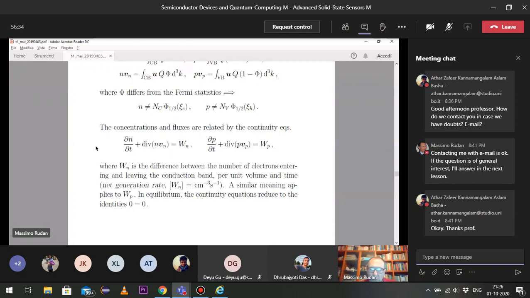Okay, of course, we assume that the net generation rates Wn and Wp in themselves are not unknown. So we assume that we are able to express Wn and Wp using the existing unknowns. Okay, so Wn and Wp should not introduce more unknowns.